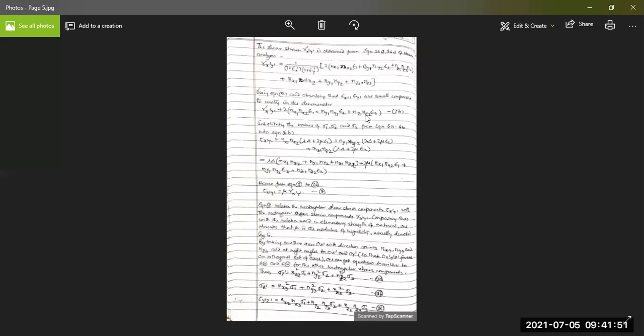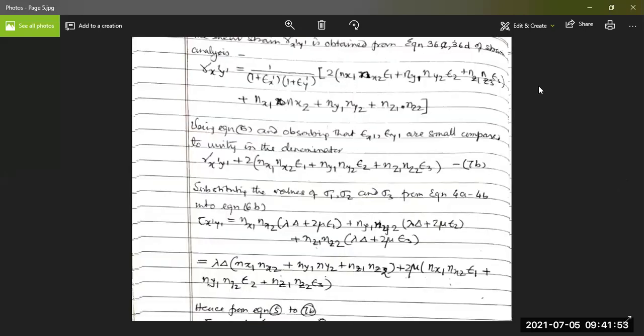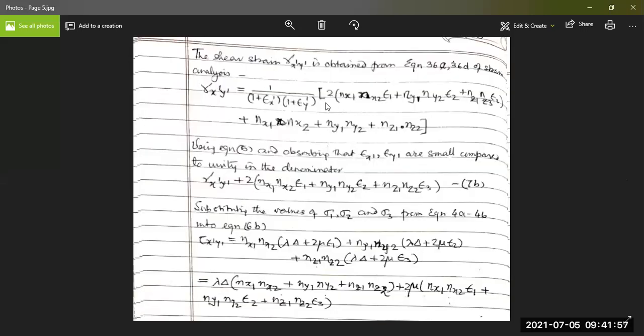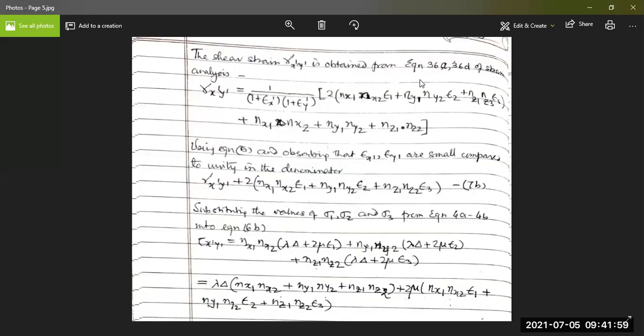The shear strain we have already calculated. It is obtained from the equation formulated earlier, gamma x dash y dash over 1 plus epsilon x dash into 1 plus epsilon y dash, equal to 2 times nx1 nx2 epsilon 1 plus ny1 ny2 epsilon 2 plus nz1 nz2 epsilon 3 itself.